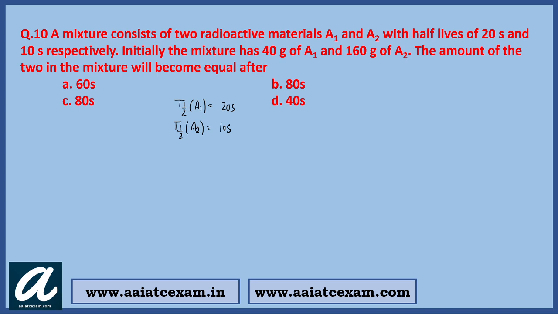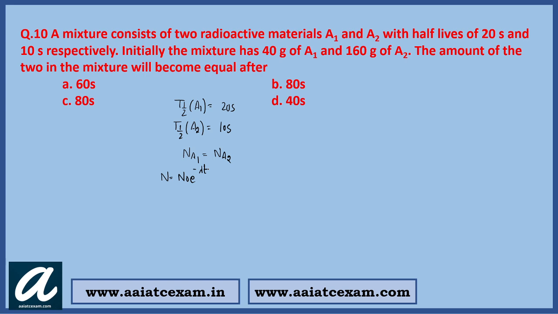So students, consider that the amount of the first particle is Na and of the second is Nb, that is the number of particles for A1 and A2. Now you know that the expression is N equal to N naught e raised to the power minus lambda t.